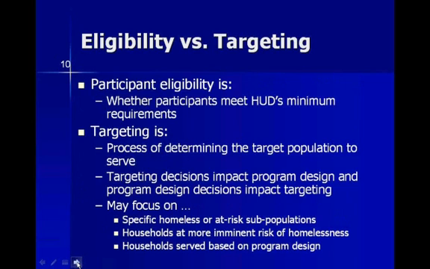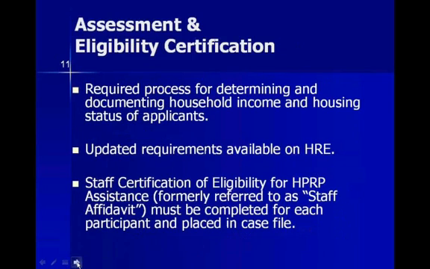So there's a lot of flexibility and discretion here around HPRP and what you can do in your local community. So the next slide, we'll get into talking about assessment and eligibility certification.